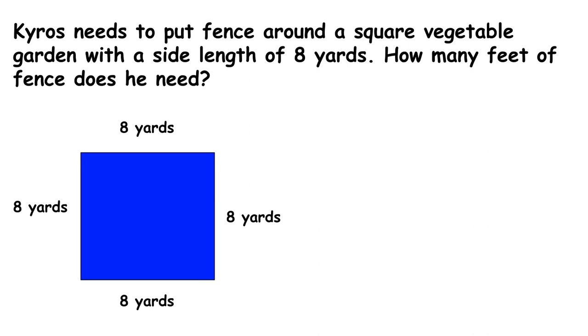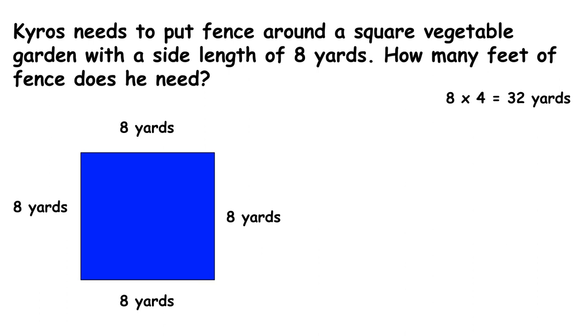The next thing I'm going to do is multiply 8 times 4 to figure out the total number of yards that make up the perimeter of Kairos's vegetable garden. So 8 times 4 equals 32 yards. You could also have added 8 plus 8 plus 8 plus 8, and you would have gotten the same answer.